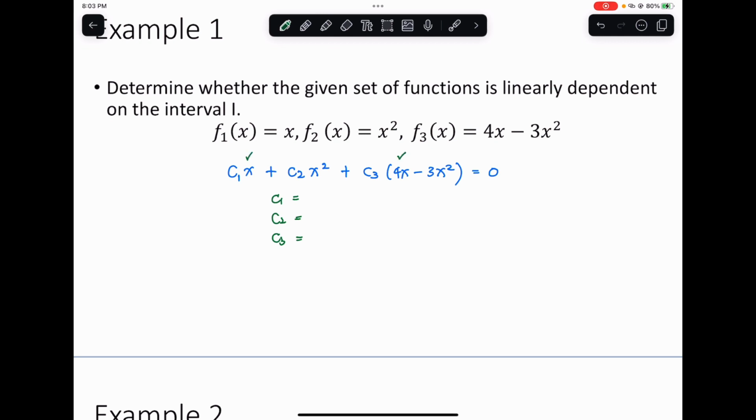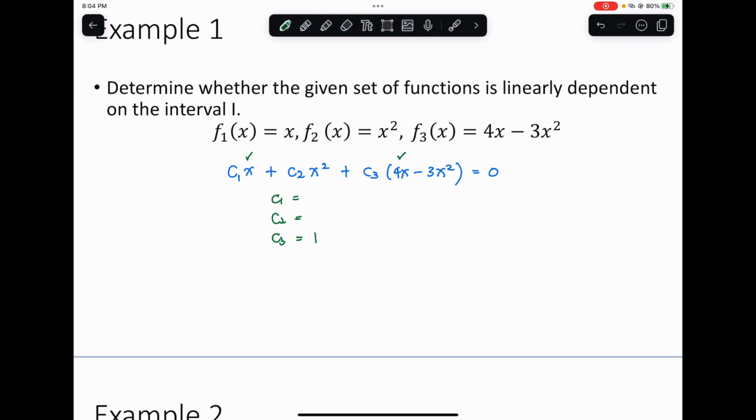So x is multiplied with the first arbitrary constant, and 4x is multiplied with the third arbitrary constant. Let's assume that c sub 3 is equal to 1. If c sub 3 is 1 multiplied with 4x, that is 4x. To make this equal to 0, I should subtract 4x as well. So 4x minus 4x would be 0.